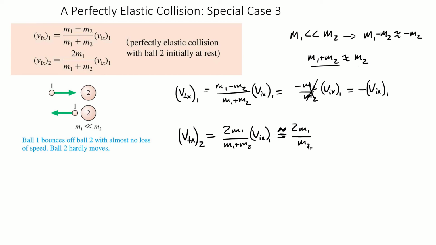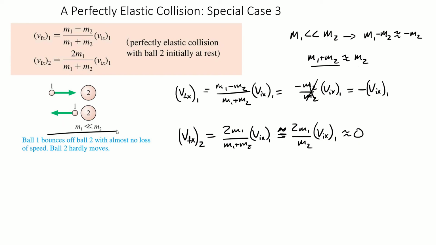And since m2 is so much bigger than m1, this is going to be an extremely small number. You know, this is essentially 0. Where m1 is very small, 10 grams, say, and m2 is really big, say 10 kilograms or 10,000 grams. So we're at a very small number here, essentially 0.